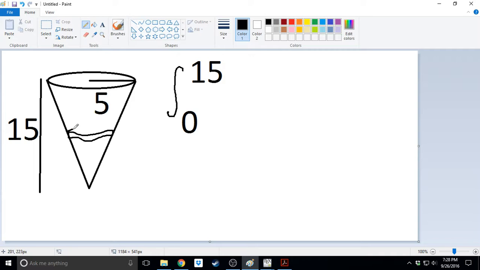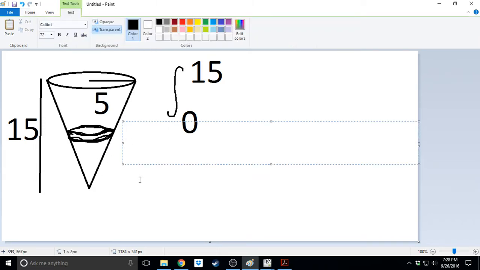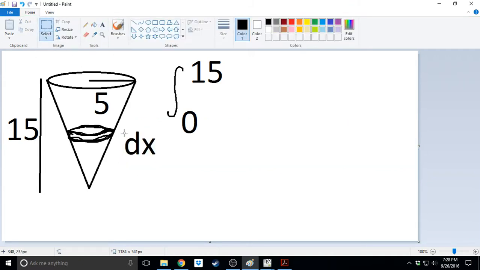So if I take this cylinder here, I know it's so bad, but imagine that is a coin shape cut out of the cone. So this cylinder here, we notice that it is going to be dx tall, but to get the volume of this piece of the cone, we're also going to have to figure out the area of the circle on top.